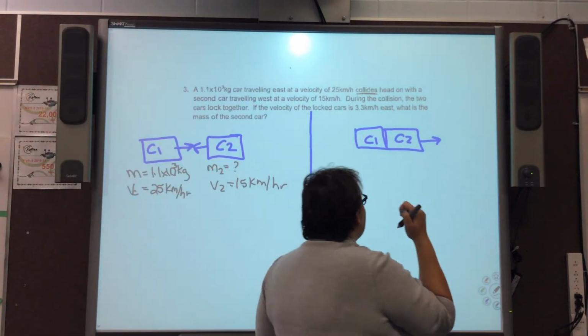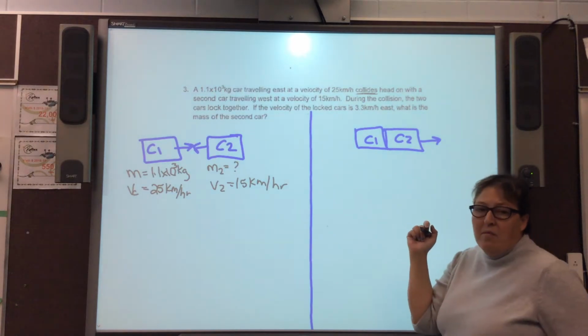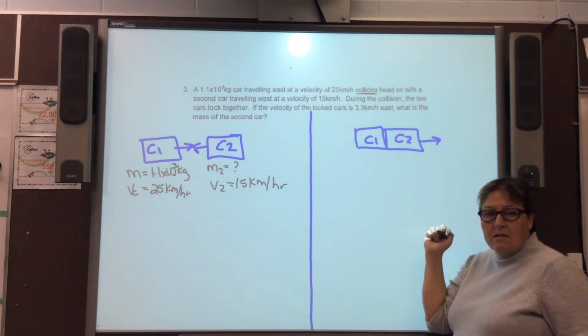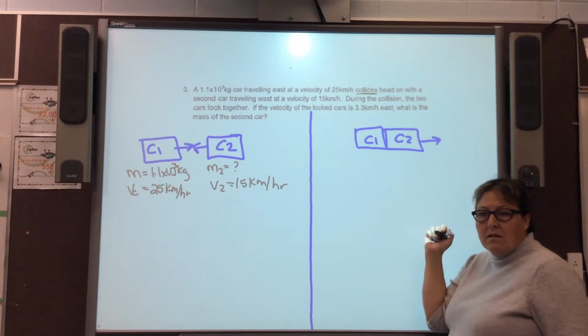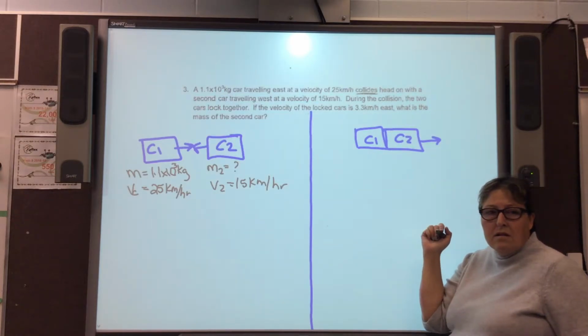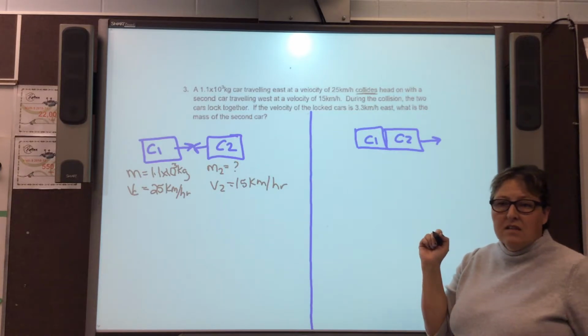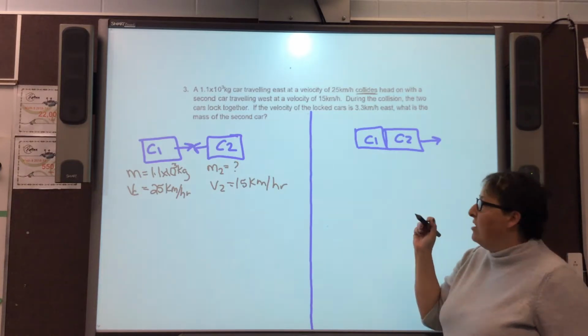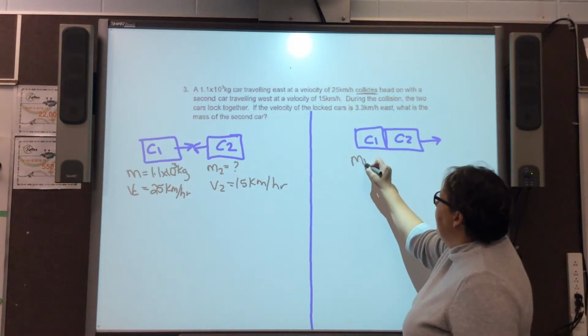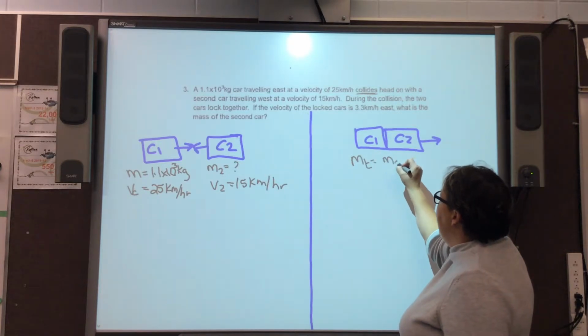So over here, because they're locked together, what do we know about the mass? It's all together. So we only have one mass throughout this entire equation.